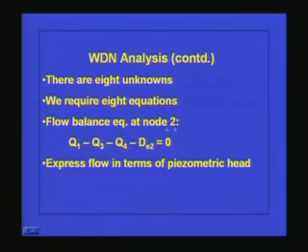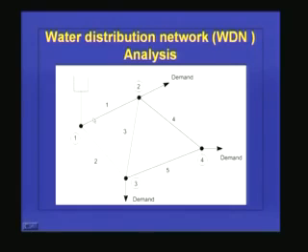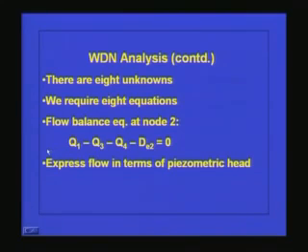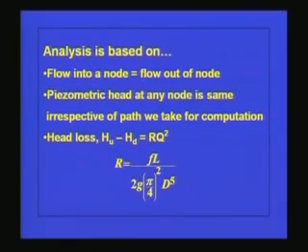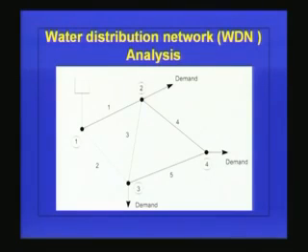When I write the flow balance equation at node 2, looking at the figure, I can say that Q1, that is the inflow, minus Q3, that is the outflow at node 2, minus Q4, that is the outflow at node 2 towards node 4, and the demand at node 2, that is DE2, should balance out. To get the flow rate Q1, it depends upon the head at 1 and the head at 2.